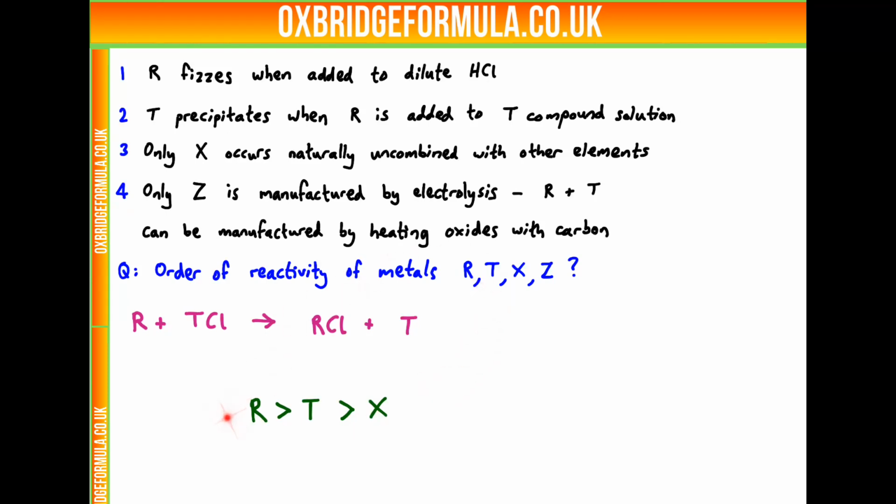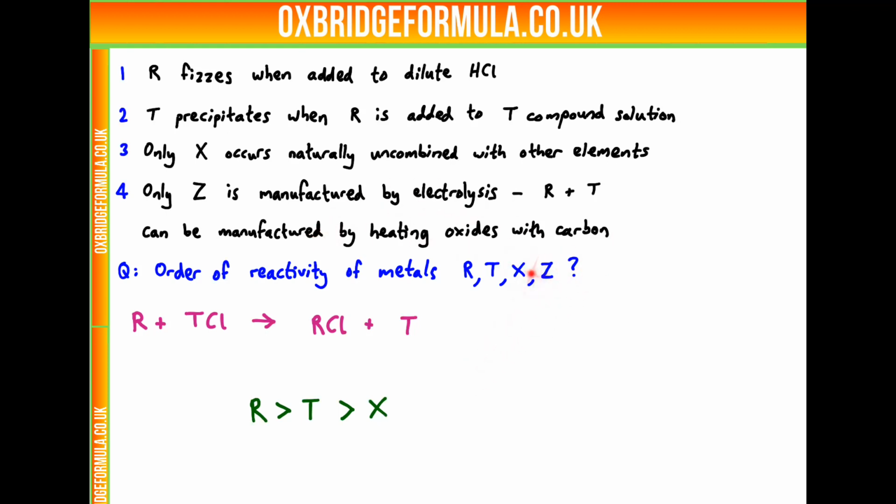So finally, what does statement 4 tell us? If Z is the only one of these metals to be manufactured by electrolysis, and R and T can be manufactured by simply heating the oxides with carbon, just the way that this statement is worded suggests that heating with carbon is a lower effort process than electrolysis.